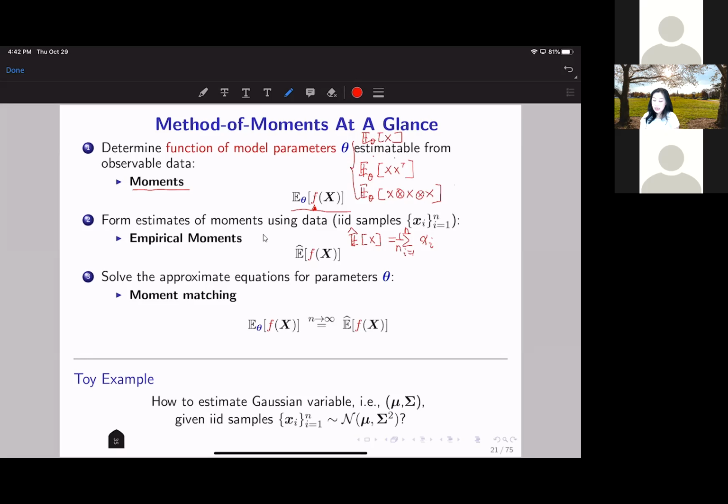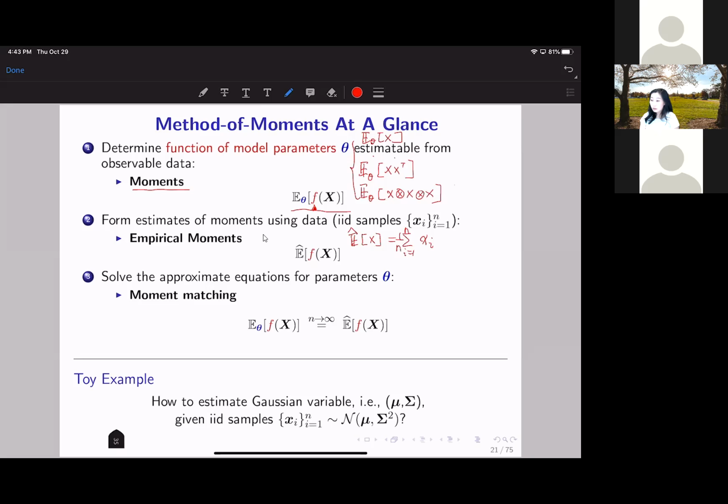So what I'm saying is now, with the actual moments, you have a function that is related. It's a closed form formulation for the model parameter theta. And now with the empirical moment, you can use your data to get the empirical estimation. So now here comes the third step, which is the most important step: the moment matching.